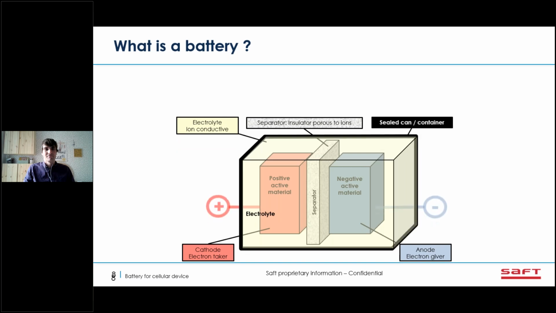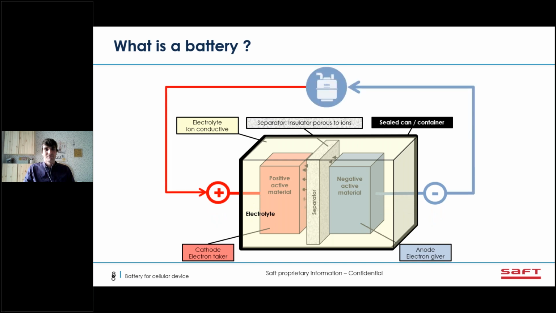And when you have this, you directly have the negative and the positive terminal of the battery. And when you connect the device, the electrons go outside through the device from the anode to the cathode, and the ions go inside the chemistry from the negative active material to the positive active material through the separator.